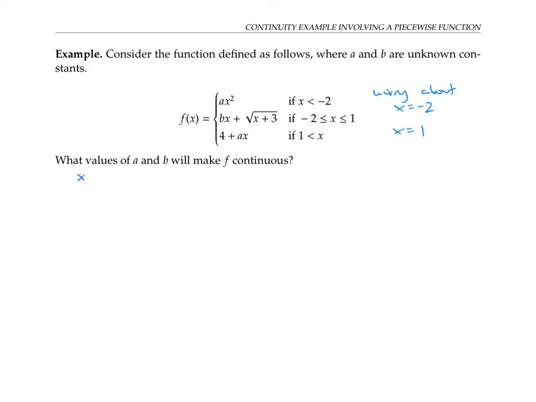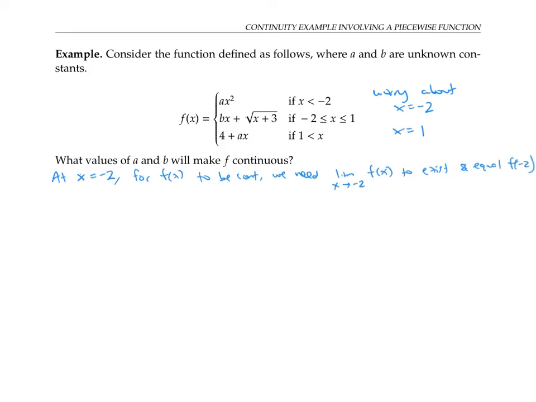So let's worry about x equals -2 first. At x equals -2, for f of x to be continuous there, we need the limit as x goes to -2 of f of x to exist and equal f of -2.